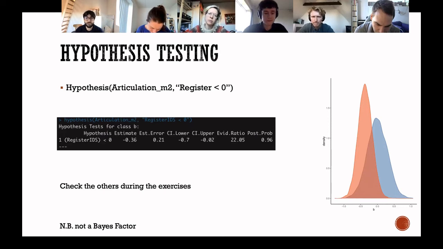And the evidence ratio, that's simply 0.96 divided by 0.04, right? Divided by the rest of the samples, is 22.05. And there's 22 times more evidence compatible with hypoarticulation than there is that is incompatible.